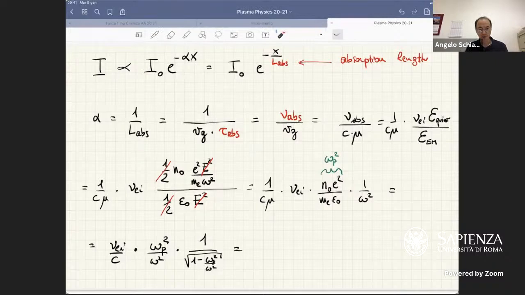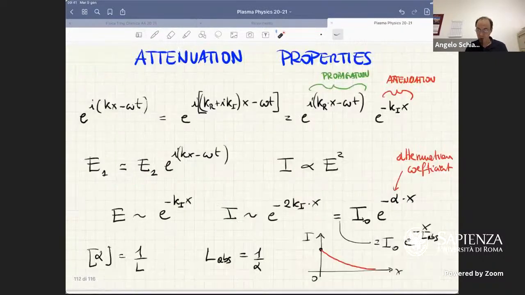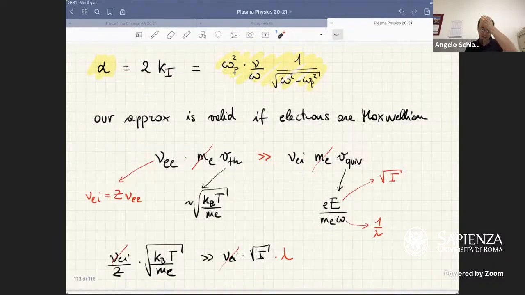Okay, and let's go back and see what alpha was. We had it somewhere here, okay. See this formula here. So we have the angular frequency, we have the ratio of the collision frequency to omega, and then we have omega squared minus omega_p squared.